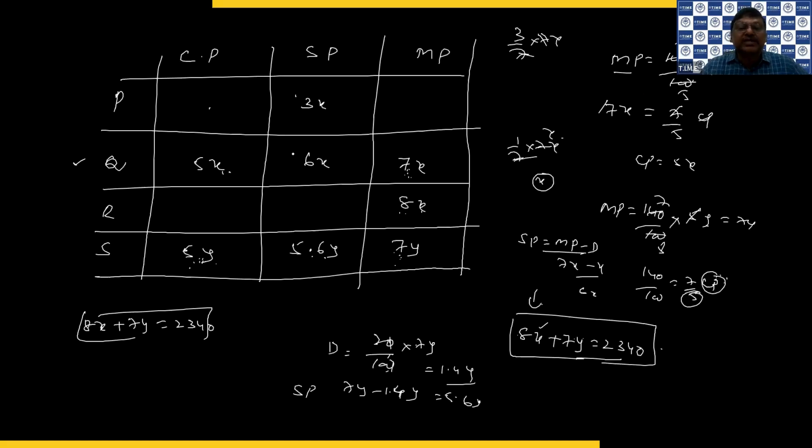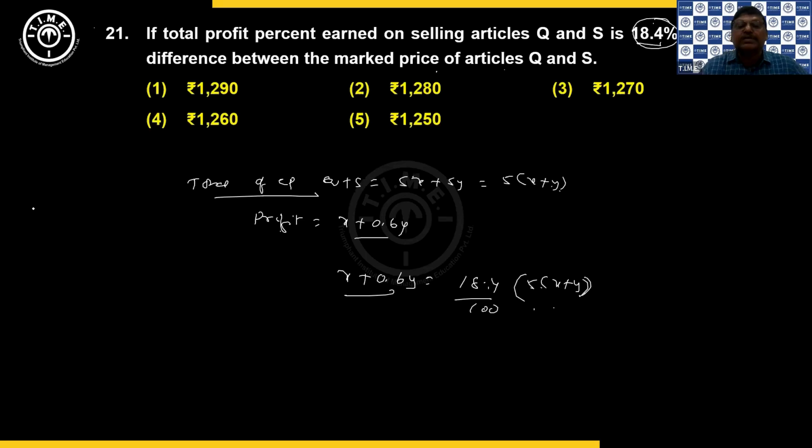How do I say it? 6x minus 5x, x is the profit on Q, and 5.6y minus 5y is the profit on S. Total profit x plus 0.6y is equal to 18.4% of 5x plus 5y. Here, 5 20s, 20 comes this side, so 20x plus 20 into 0.6y equals 18.4x plus 18.4y. This is going to be definitely time consuming. Let's try to do it.